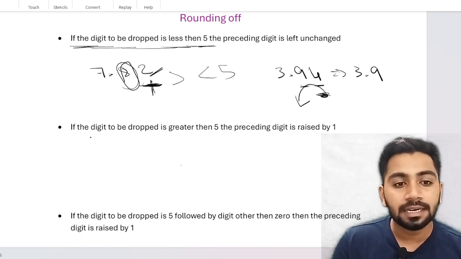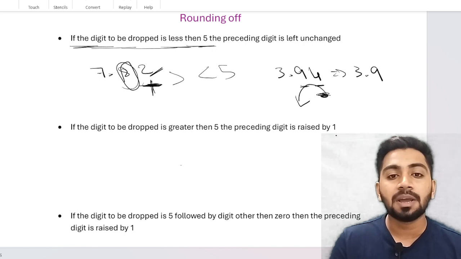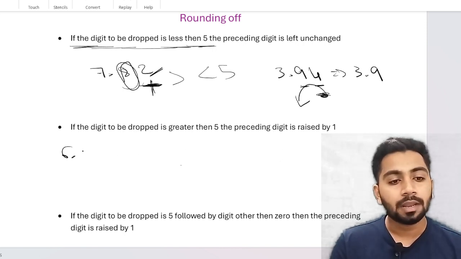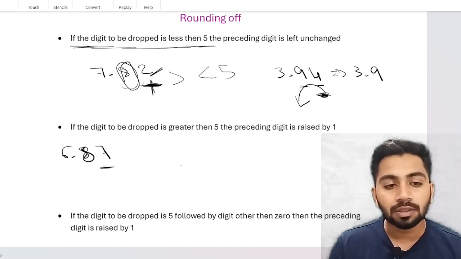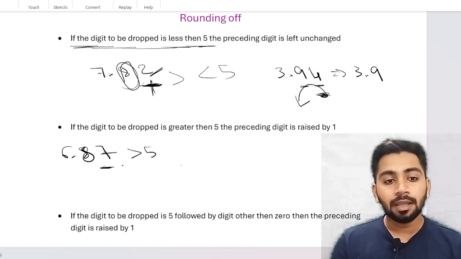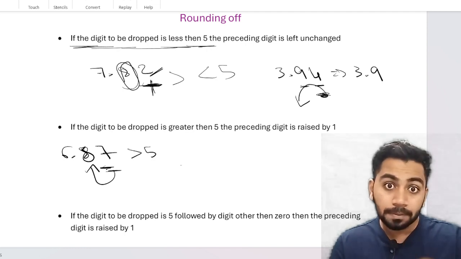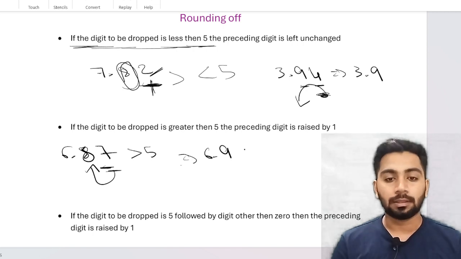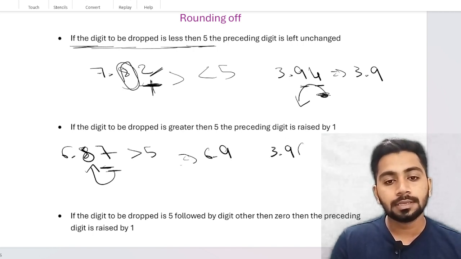Similarly, if the digit to be dropped is greater than 5, then the preceding digit rises by 1. Now, what is it saying? For suppose if we have this number, and this digit is greater than 5, then the number beside it will rise by 1. I will take one example, 9.36.